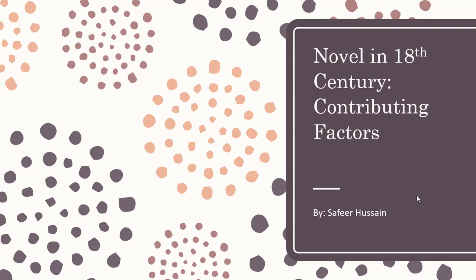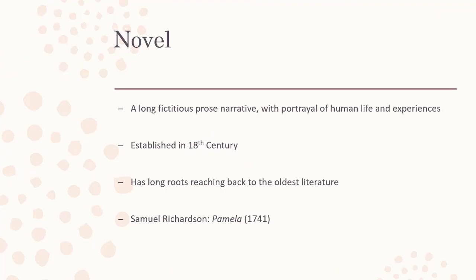So let's begin. The first slide will talk about some general comments on the English novel, and we know that a novel is defined as a long fictitious prose narrative, and it portrays and presents human life and human experiences, especially the inner or psychological experiences of a common person.